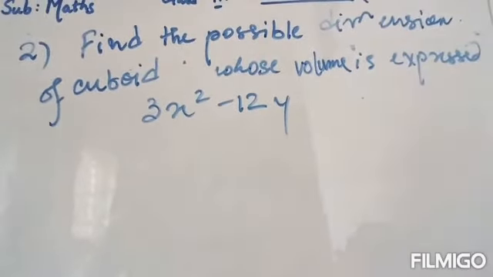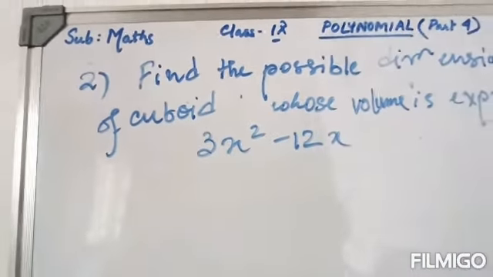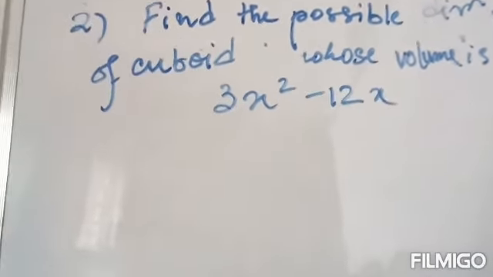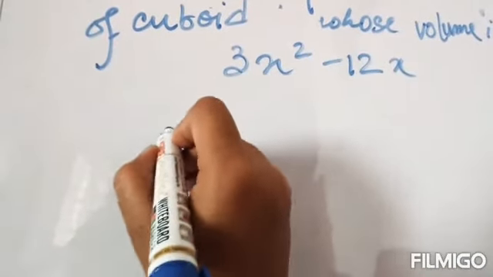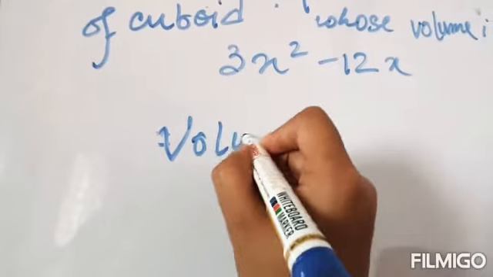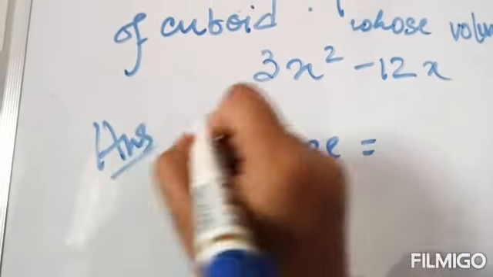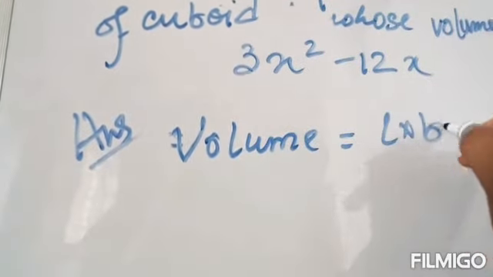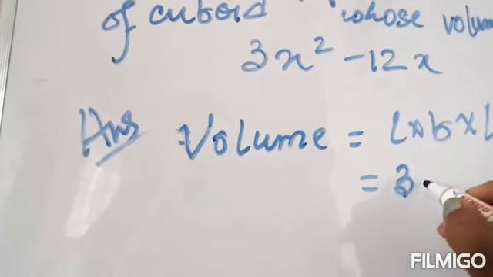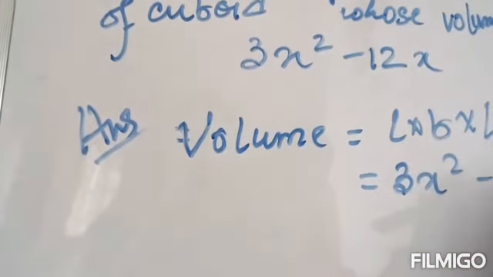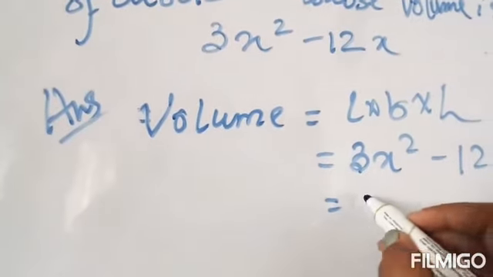Now I told you that volume is equal to length into breadth into height, which means 3x square minus 12x. From there you have to find three factors.